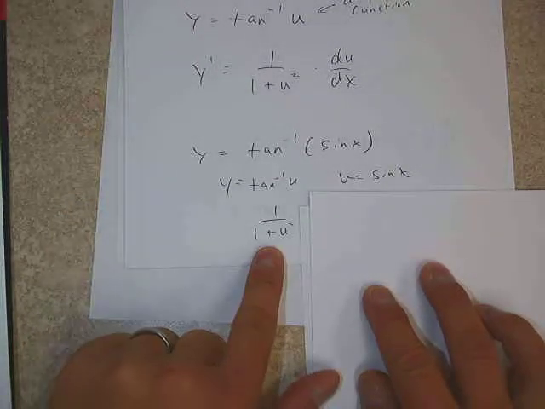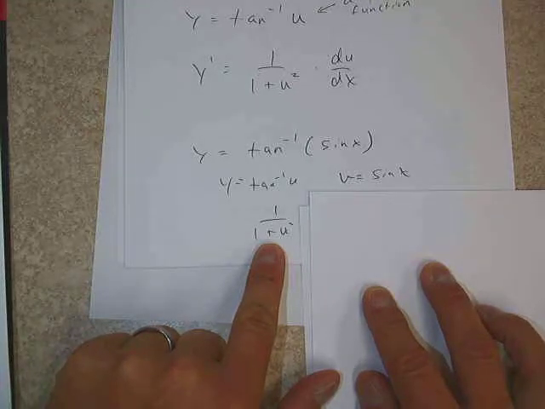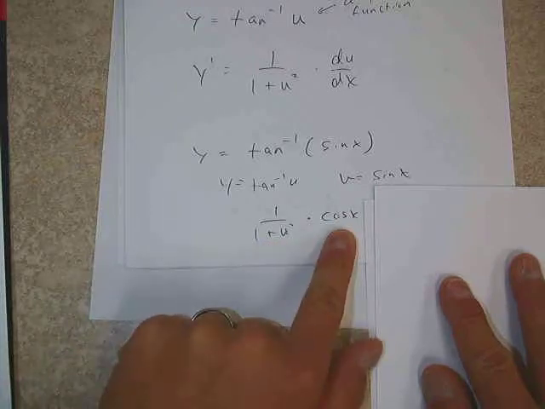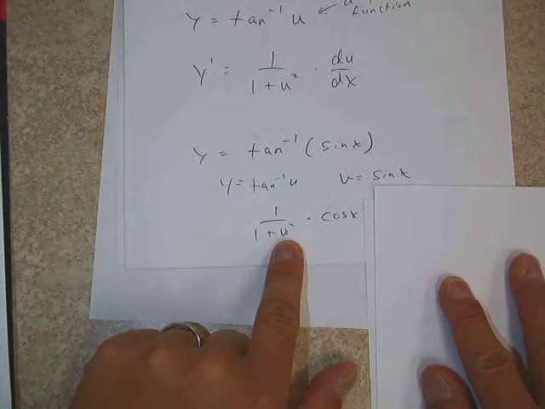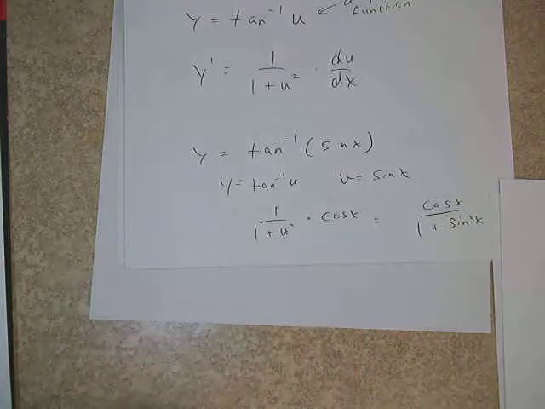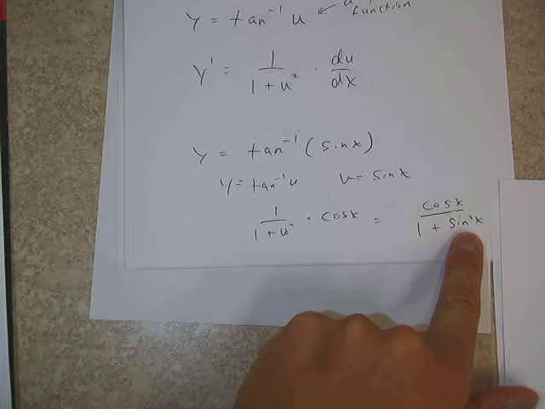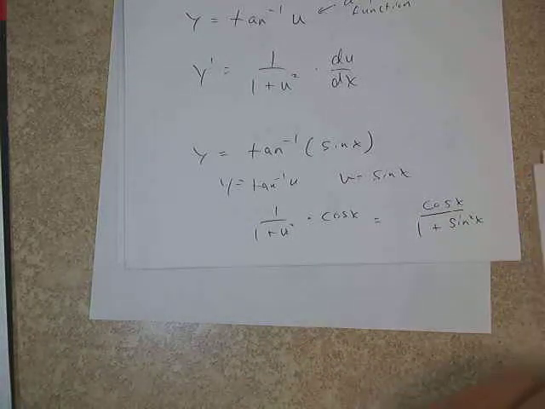For my example, I used tangent inverse of sine x. Recognizing that tangent inverse is the outside function, I would write my u down as sine x, and my y is tangent inverse of u. So my tangent inverse derivative is the same as what I just wrote for the rule. The du dx in this case is cosine x. Then it's just a matter of filling in the blank with our u.